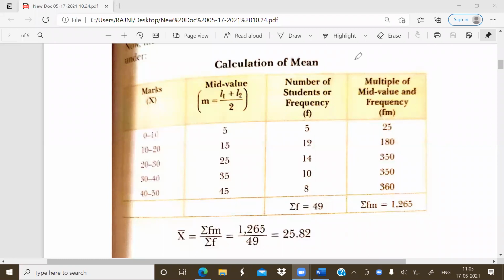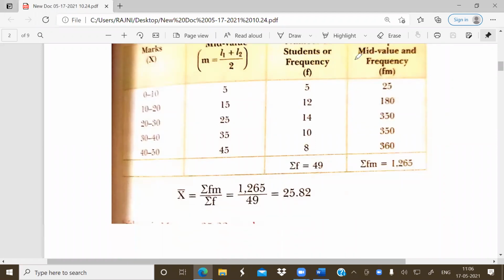And one point to be remembered very carefully: for any form of frequency distribution series, if we want to calculate the arithmetic mean, we just have to convert the series firstly into the exclusive series. Then we can calculate further.